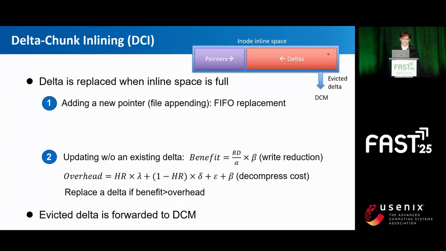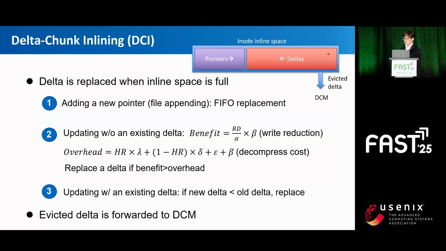And there are other cases when we are doing an update. There are actually some details here; you can check the paper for that. But the concept is, if we replace an existing delta and the replacement gives us better long-term I/O efficiency, then we do it.